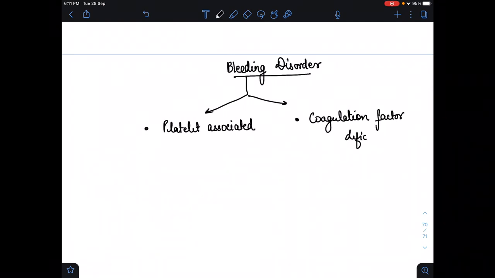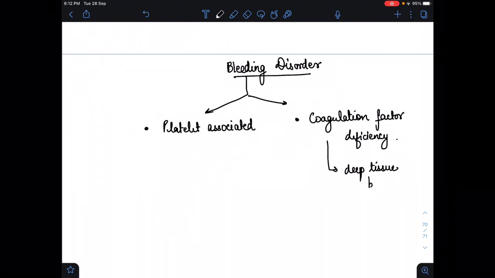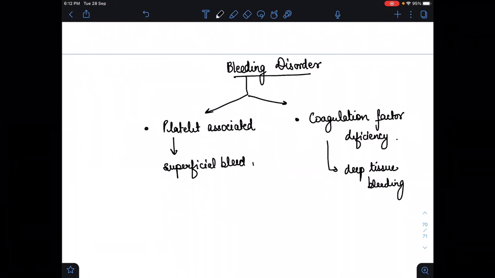In coagulation factor deficiency, the coagulation factors are not working properly, and deep tissue bleeding occurs. Superficial bleeding occurs in platelet associated disorders. So superficial bleeding is for platelets and deep tissue bleeding is for coagulation factor deficiency.